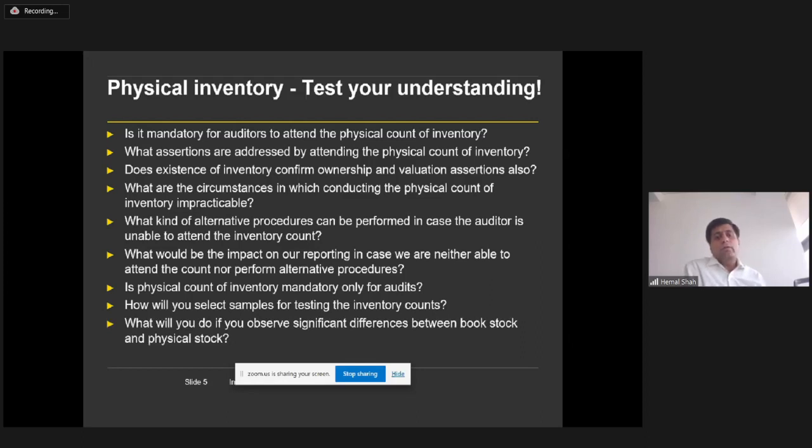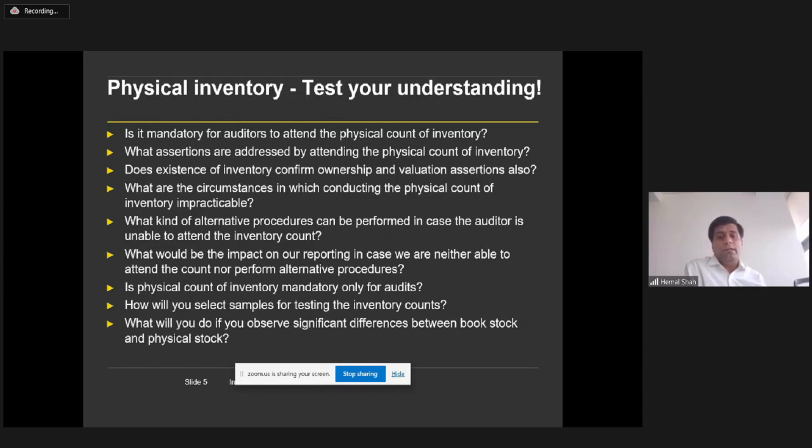What will you do if you observe significant differences between book stock and physical stock? Generally, if ICFR is effective, the company should not have any significant differences between book and physical count. However, if there are differences which are significant, the auditor needs to see this very critically, not only from the inventory and financial statement risk, but also from ICFR.